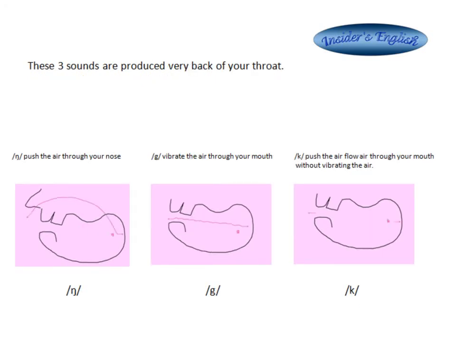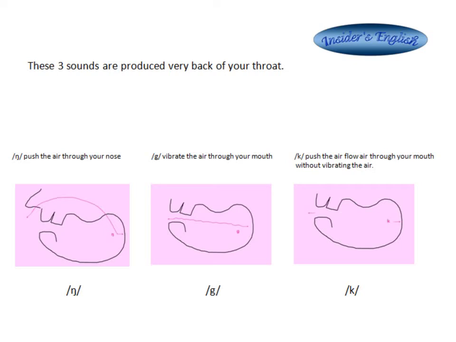And in the last three sounds, we are going to look at how they are produced at the very back of your throat. Now, before we listen to the sounds, I want you to go to the back of your throat and tense the muscles. Now, once you've tensed those muscles, you can look at picture 1 and push the air through your nose.